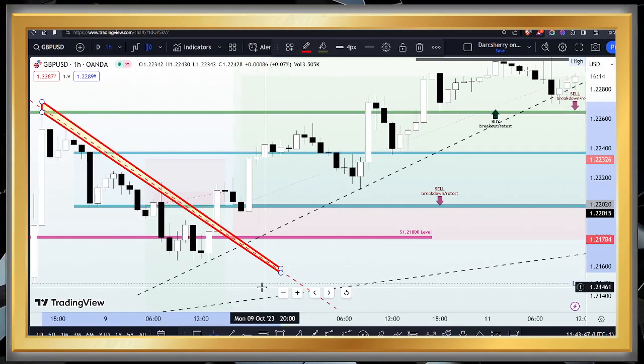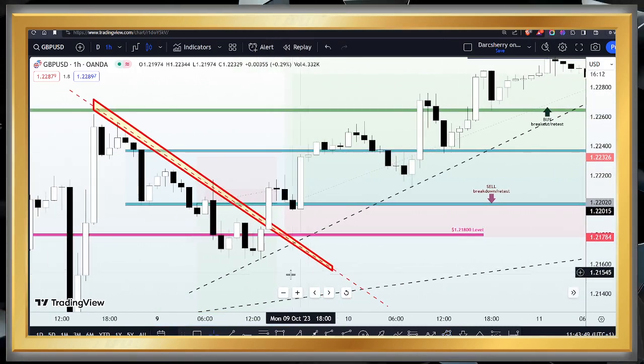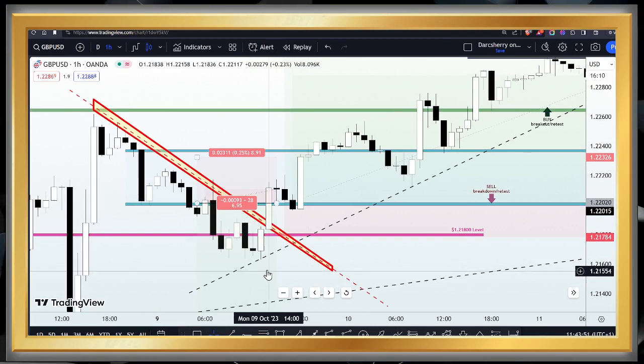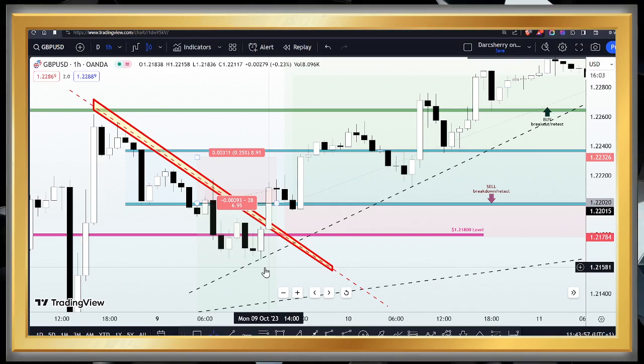One of the things we said here on Monday is that as long as price remains below that descending trend line, we shall feel comfortable in our sell positions while we look out for more selling opportunities down there. But if at any point in time price breaks out of that descending trend line, then we want to be getting ready to buy the GBPUSD.